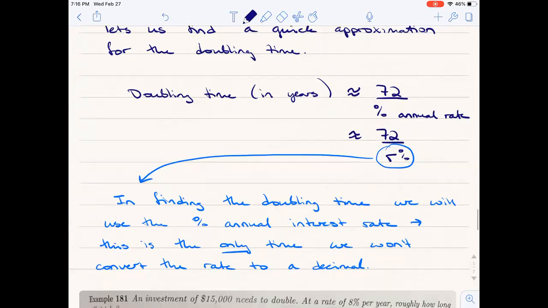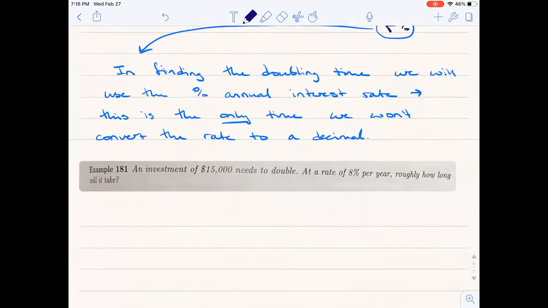Right? In this example, we're given the present value, right? The initial deposit. So an investment of 15,000 needs to double. So you could say, okay, well, that means 15,000 has to grow to 30,000, right? But we don't actually need that information. Right? At a rate of 8% per year, roughly how long will it take?